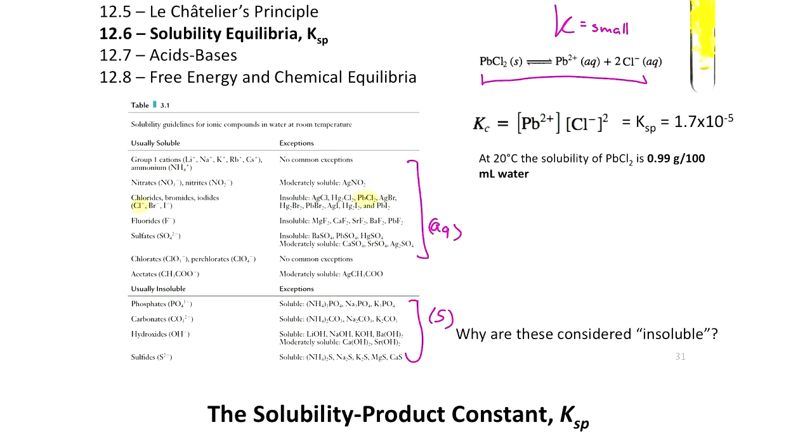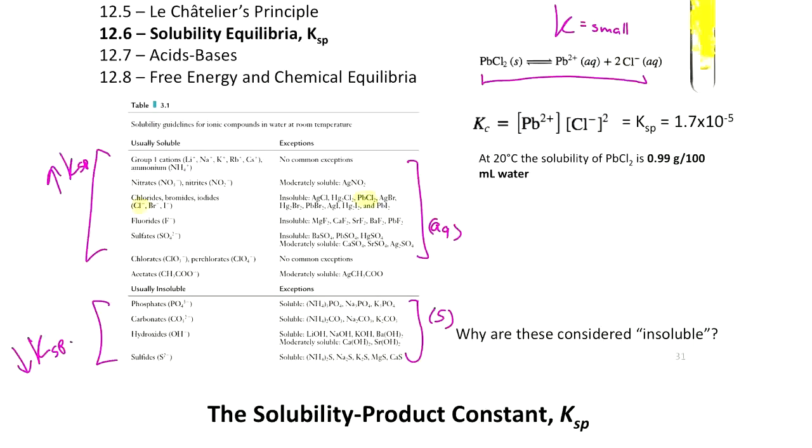We call it KSP, which stands for solubility product, for dissolving salts in water. Lead chloride has a very, very small KSP, so it's not very soluble in water. Substances that are very soluble in water have large KSPs, but these insoluble ones have very small KSPs, so you don't make a lot of products.